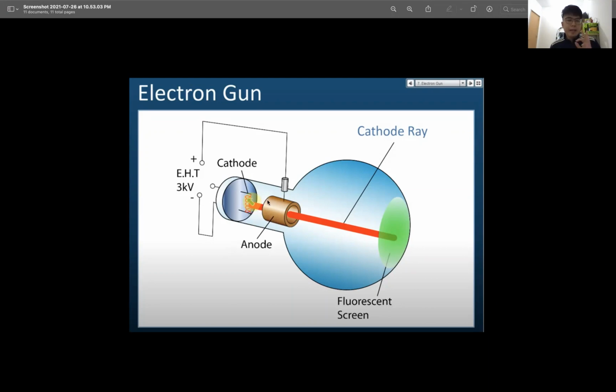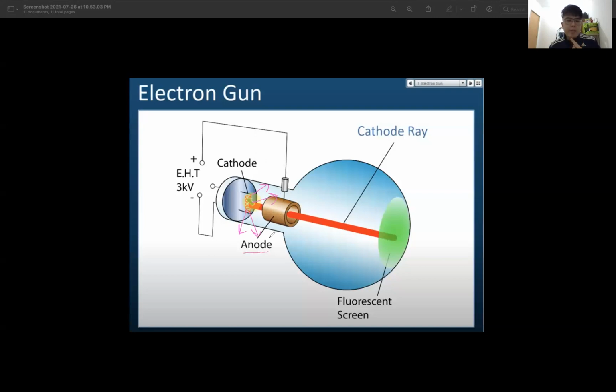Then what happened? The electron will be channeled. The electron that comes out from the cathode here initially goes in all directions, in a scattered direction. So you need a focusing anode. This is the one.